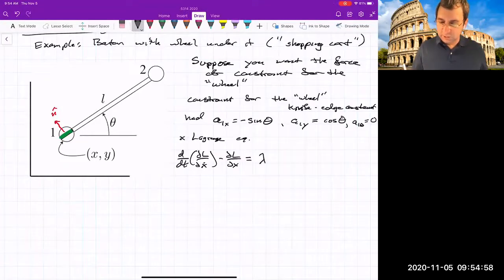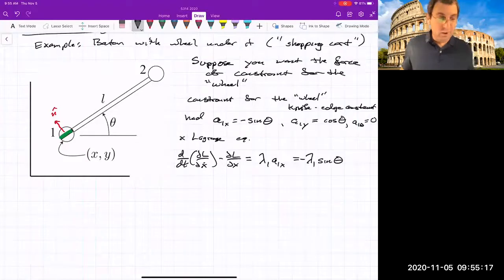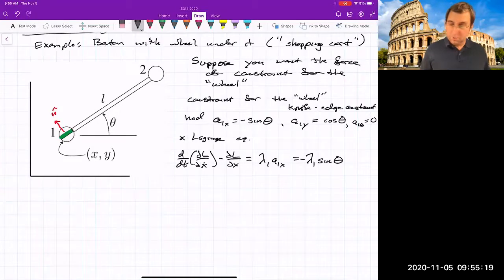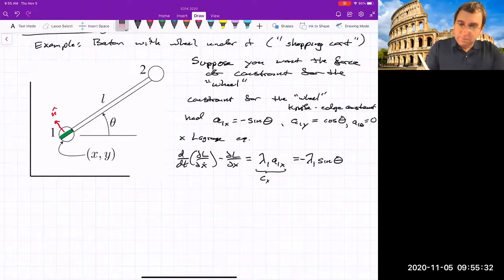There's only one constraint, A_1x, so lambda 1 times negative sine theta. So this is negative lambda 1 sine theta. Lambda 1 is currently unknown, but we have also called this the generalized force of constraint. I guess we can call it C_x if we want, but let's just call it C_1.